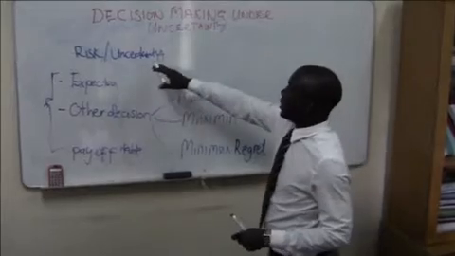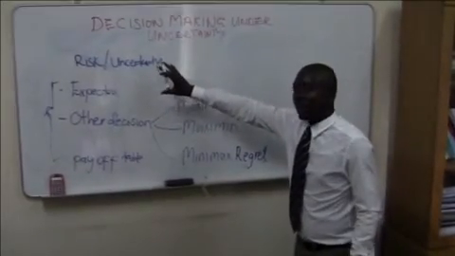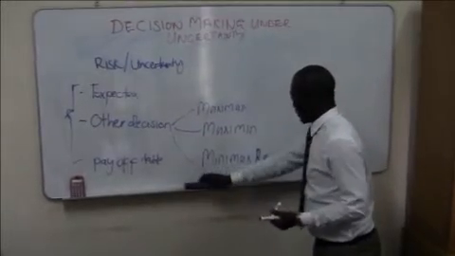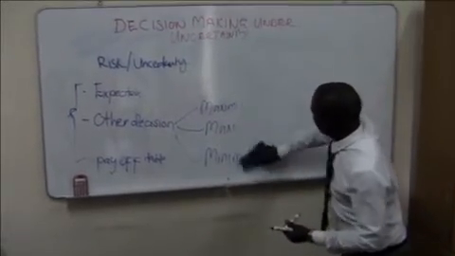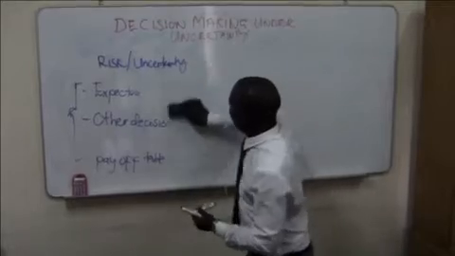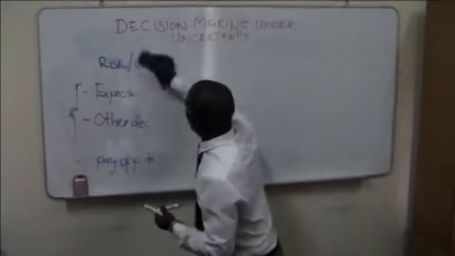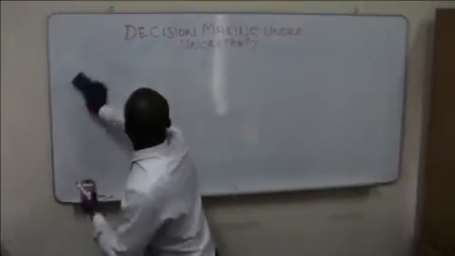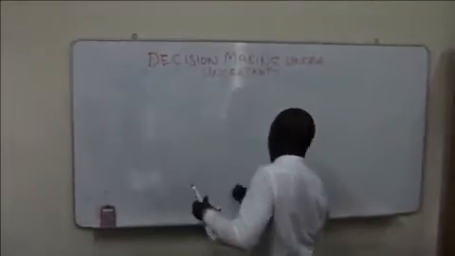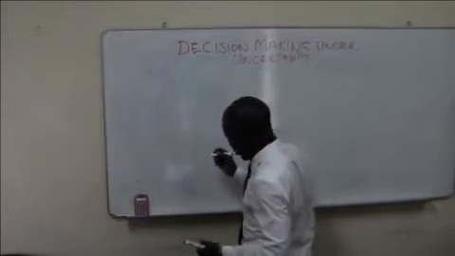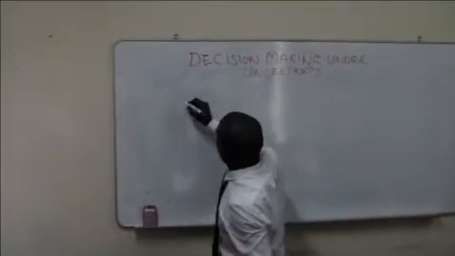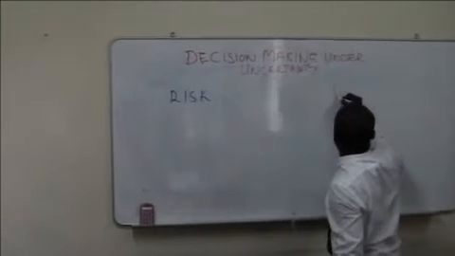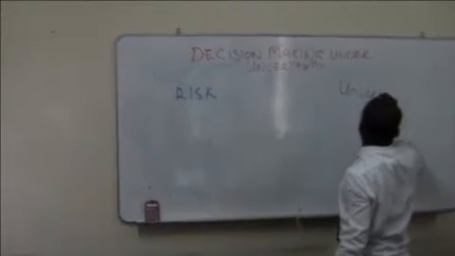The first aspect, as I mentioned, is the definition of risk and uncertainty. If you can allow me just to wrap this off, as you can see, the board is a little small. I'm therefore going to have my risk on one side and my uncertainty on the other.